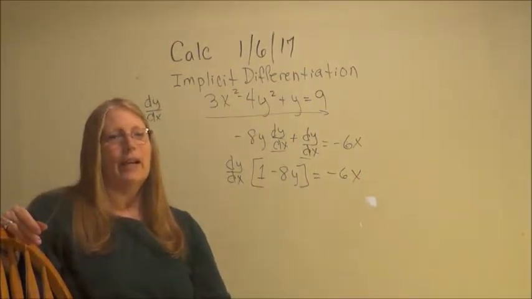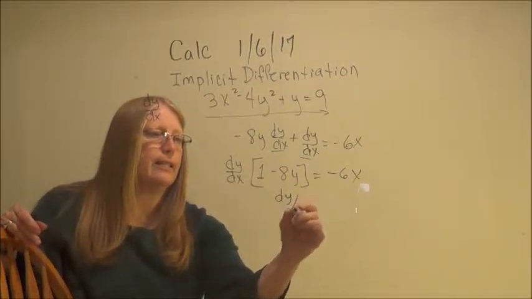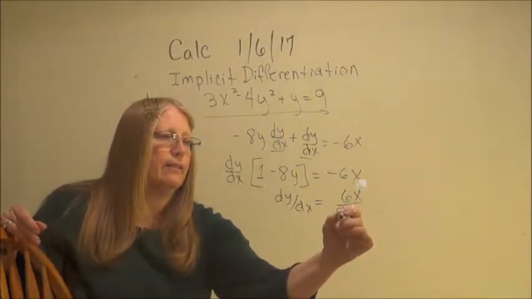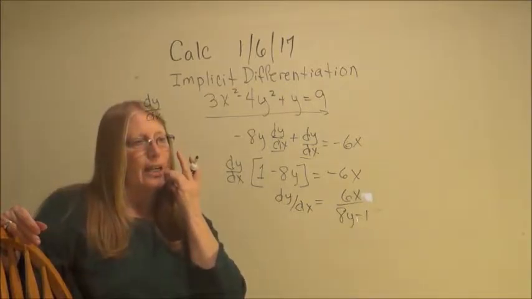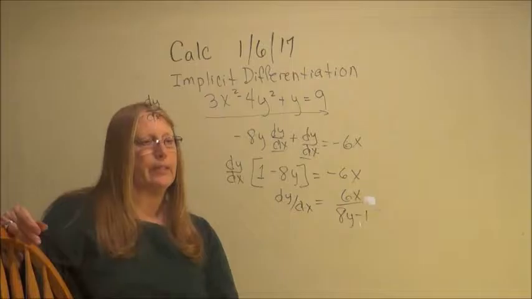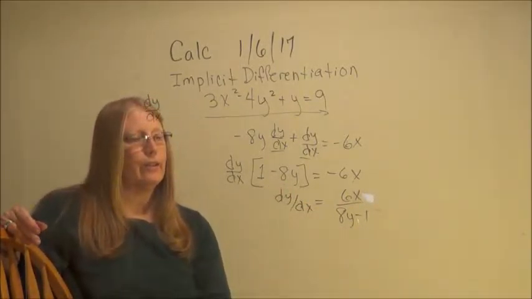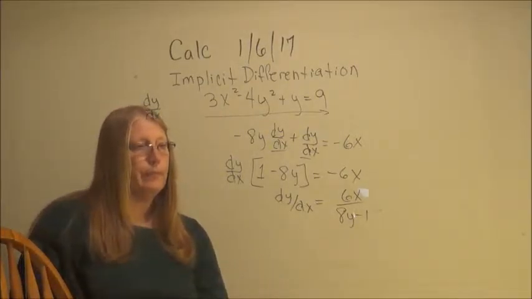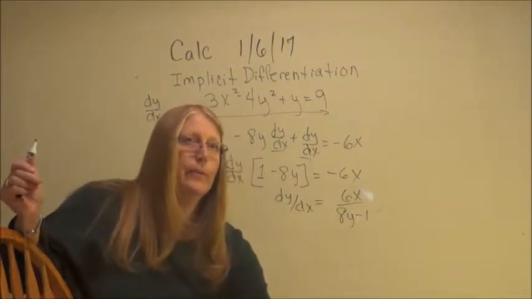And then I'm going to divide both sides by that. So I get dy/dx equals 6x, and I'm going to change the order. Dropping the negative sign, I will apply that negative to the bottom, so it'll make the opposite signs appear on these terms. So 6x over 8y minus 1 is the best form. Alright, so keep that in mind, and we'll do one more.